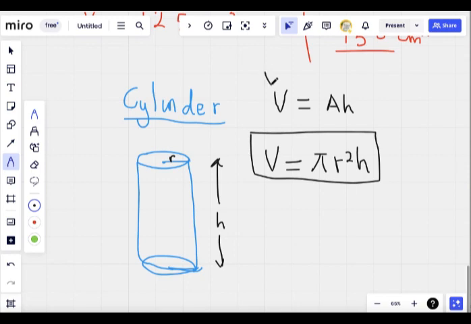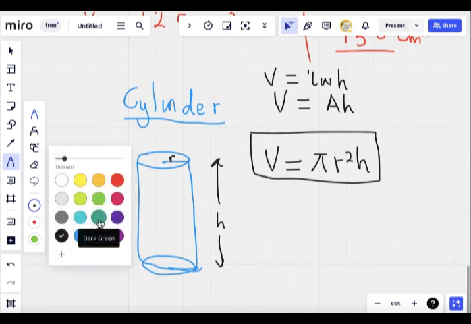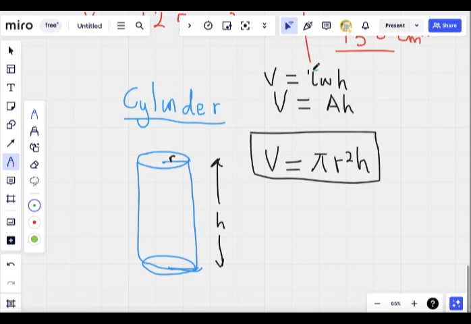Even if you write V as length times width times height, it's still the same as area times height, because length times width is area. These are for different shapes, but for a circle, area is pi r square.